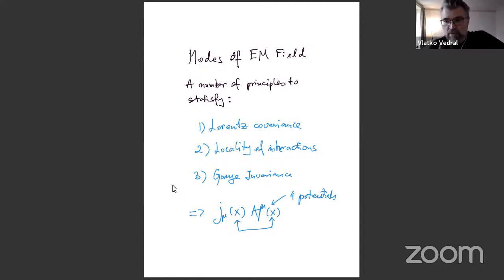Each of these has been challenged in physics, but I think we believe that these principles have been upheld so far. Locality of interaction literally means that by acting on one subsystem, you cannot really change properties, I'm just speaking very generically now, of another subsystem.